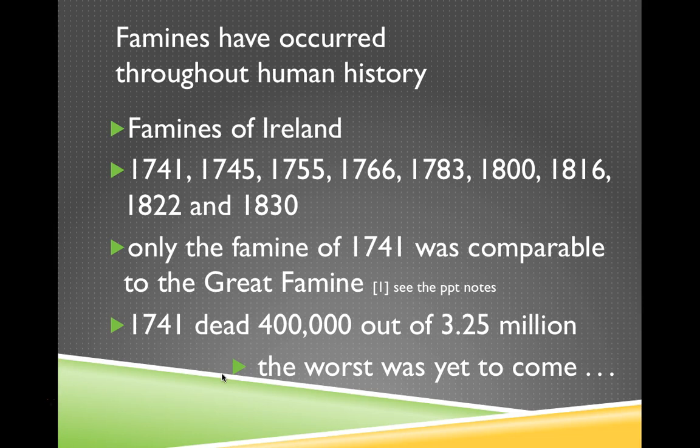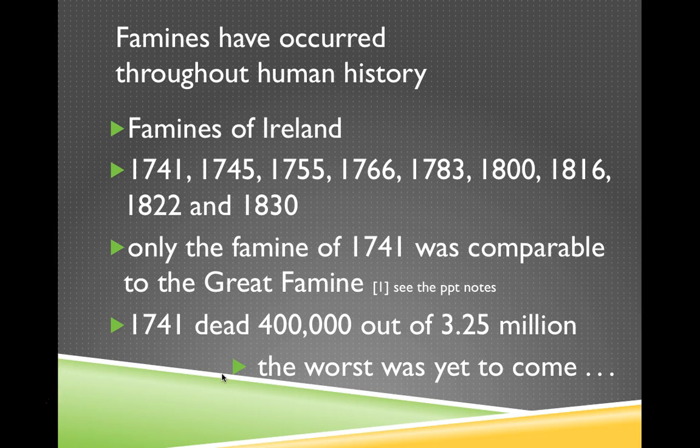If we take a look at countries like Ireland, Ireland is just an example of where famines were frequently occurring. From 1741 through 1830, famines were almost cyclic or almost predictable. Whenever there was insufficient rain, whether it was too cold, whether it was too hot, crops often failed.